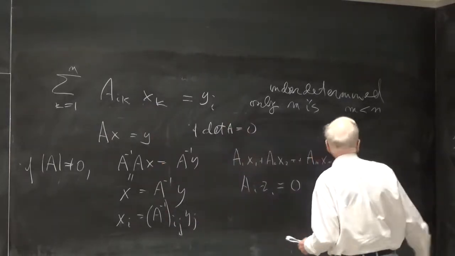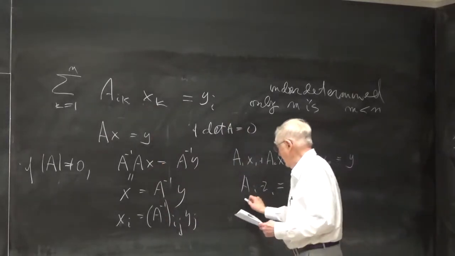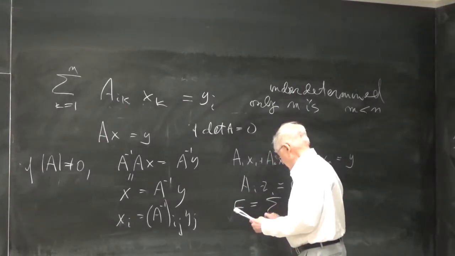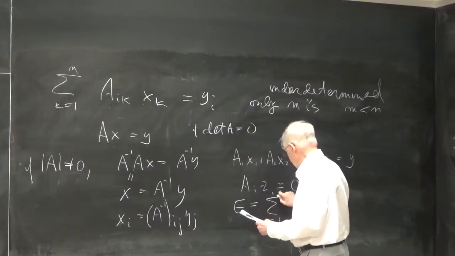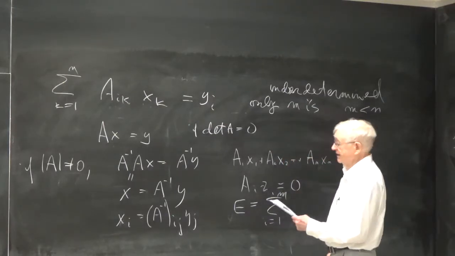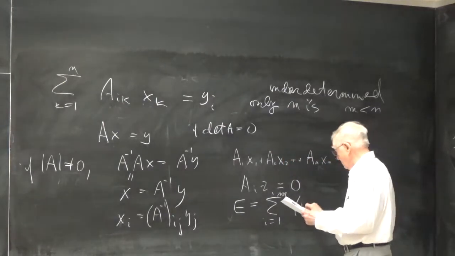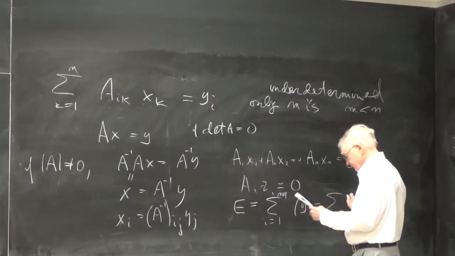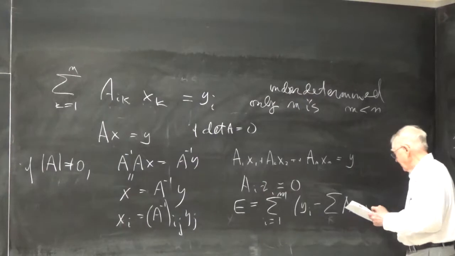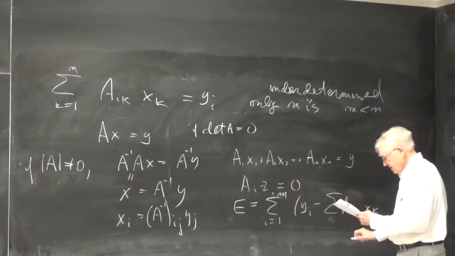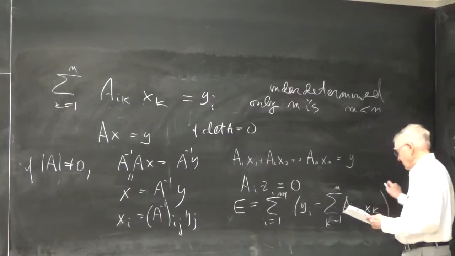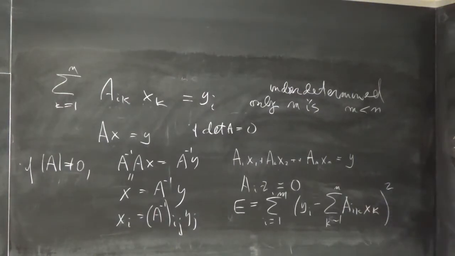What he did was to define an error, E, as the sum, i equals 1 to m, and now there are lots and lots of m's, of the absolute value squared of y_i minus the sum over k equals 1 to n of a_ik x_k. And now you want to minimize this.